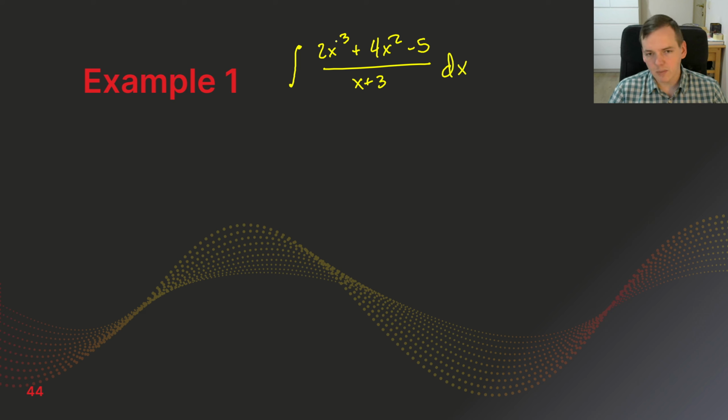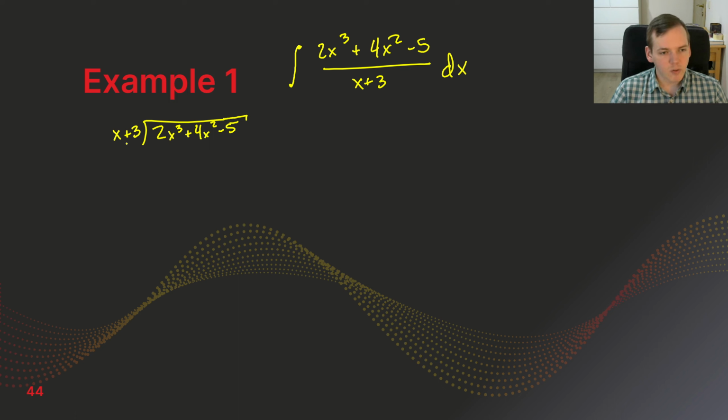Whenever you've got something, especially if the numerator has a higher order than the denominator, we're going to start by doing long division just to clean things up a bit. If you're not super familiar with this, you'll need to go back and review it or check in with me to get some personal help and support.